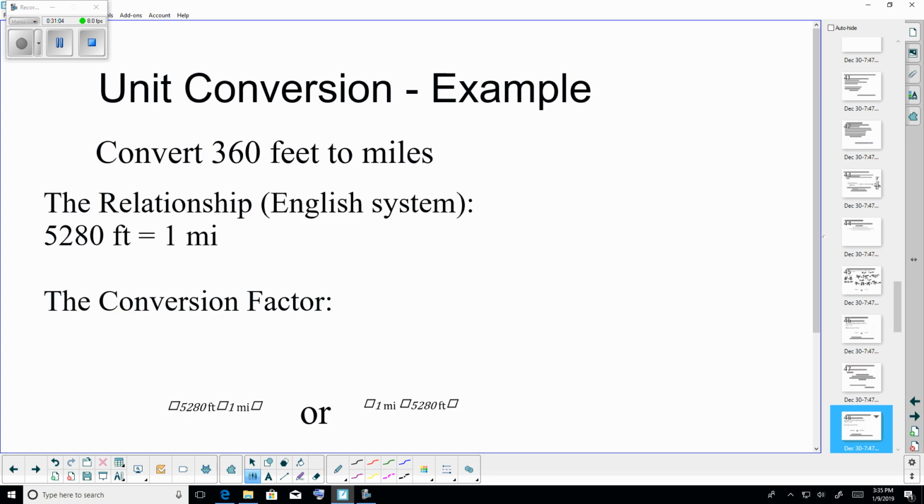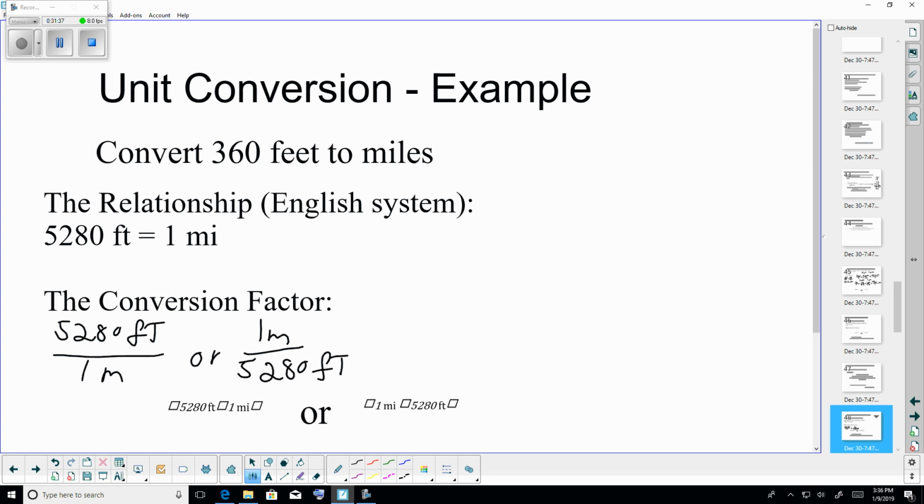Basically, this is what we did. All right, convert 360 feet to miles. The relationship is 5,280 feet to 1 mile. So the conversion factors, we got 2: 5,280 feet per 1 mile, or 1 mile per 5,280 feet.